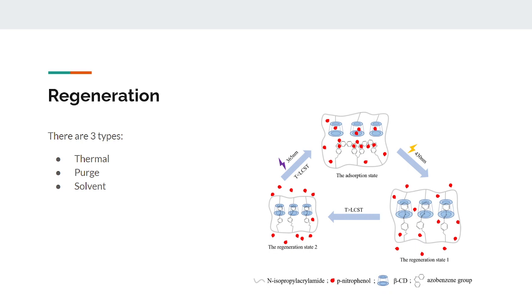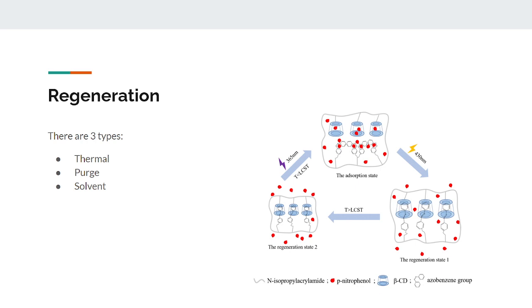Purge regeneration involves passing a clean gas, which is oftentimes heated or at a specific pressure, through the adsorbent material to remove the adsorbed substances.